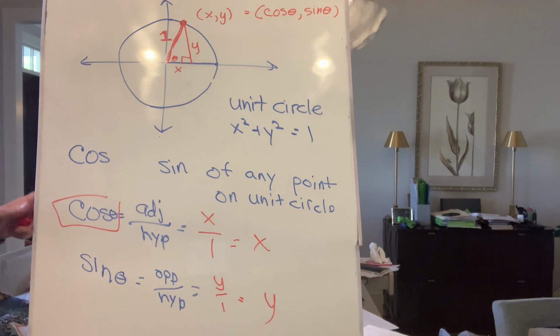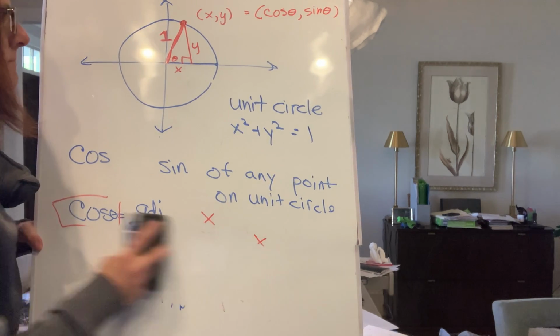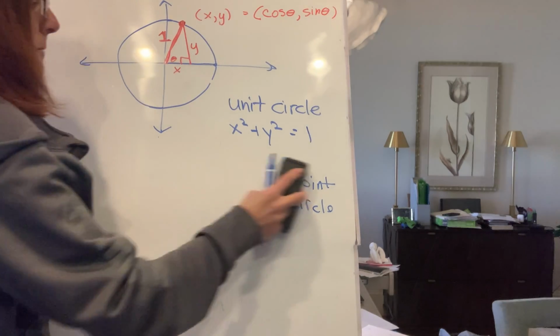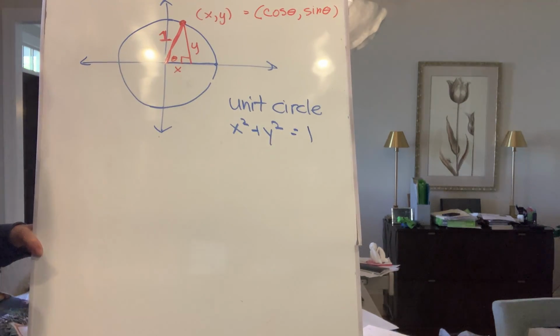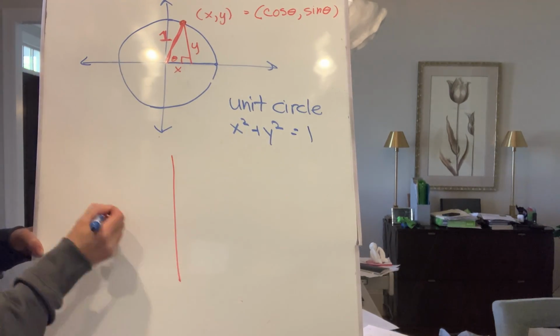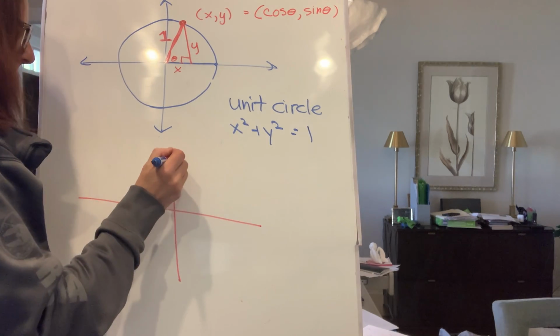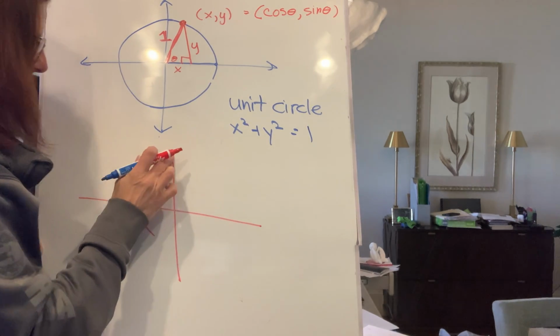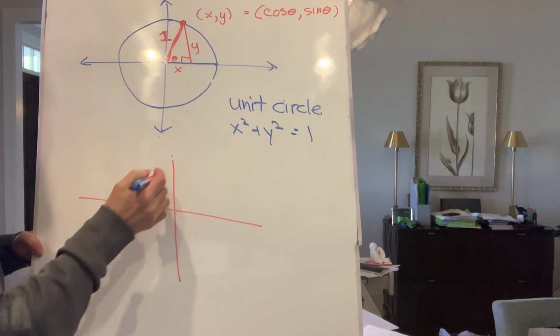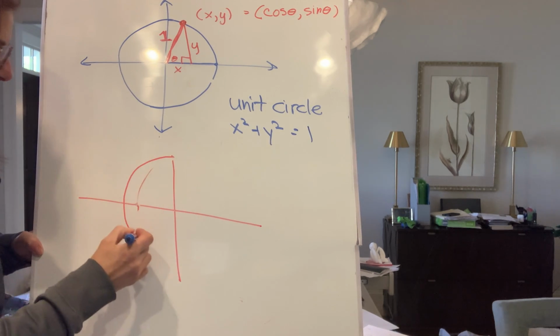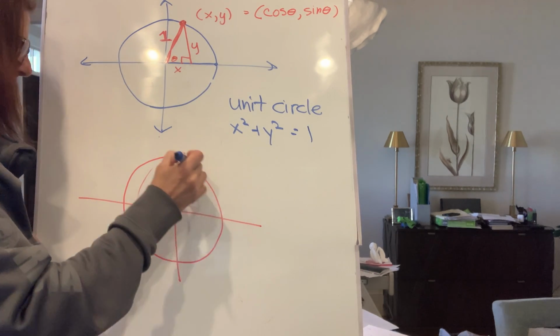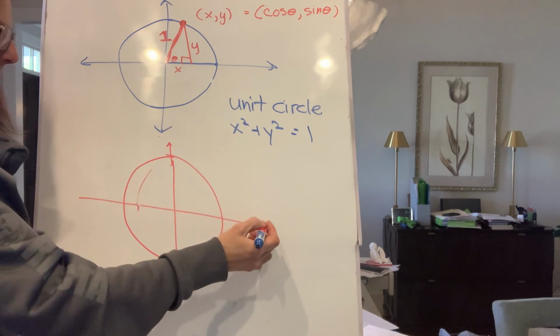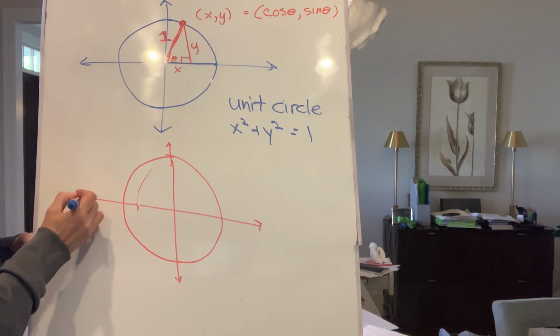All right, so let's think about that if we have a unit circle here. Okay. And we're thinking in terms of degrees, right?